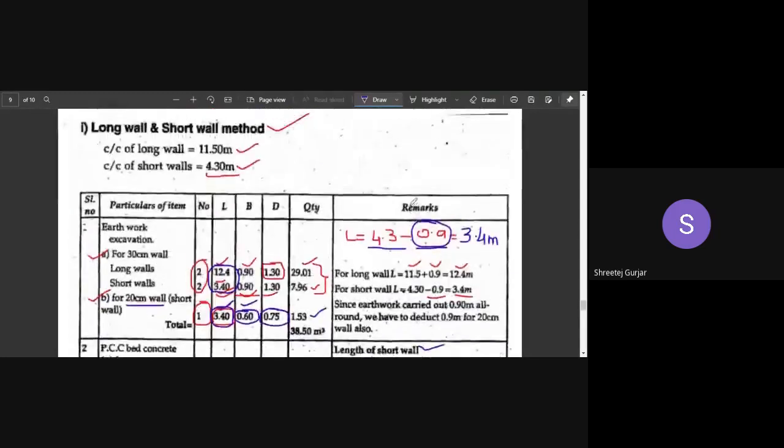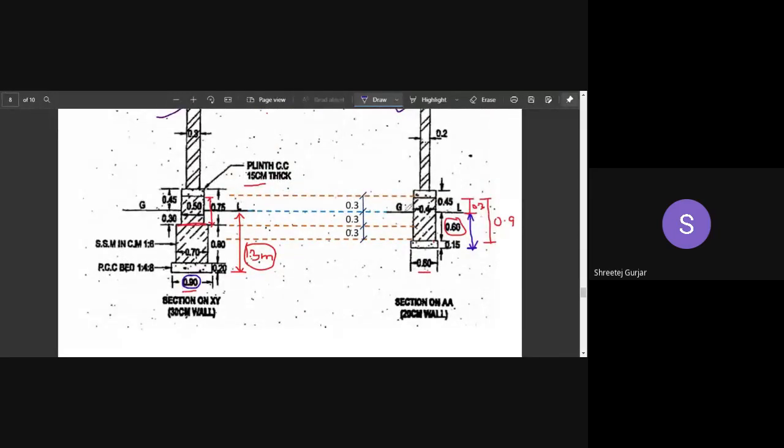Let us check in the section that they have mentioned. Very true, from ground level we know that the depth of the PCC bed is 0.75.